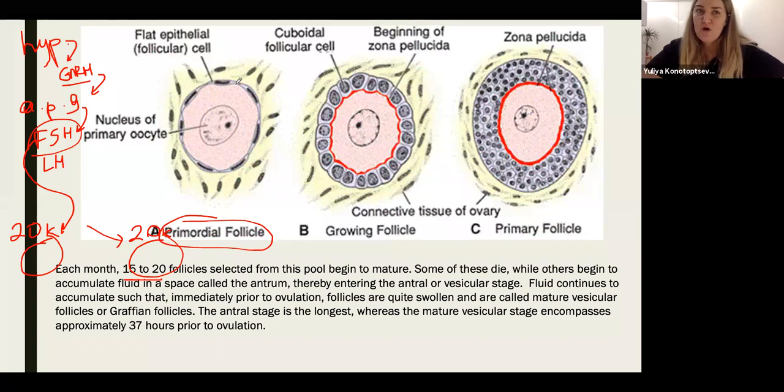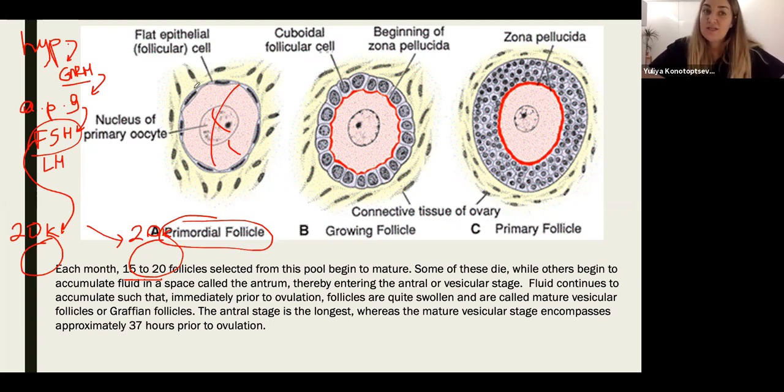Inside of it, you're going to see the primary oocyte, the nucleus and the cytoplasm of the primary oocyte. Which cells surround this? The follicular cells. The shape of the follicular cell in the primordial follicle is flat, squamous. Somewhere here, there's going to be a hand, a receptor for FSH.